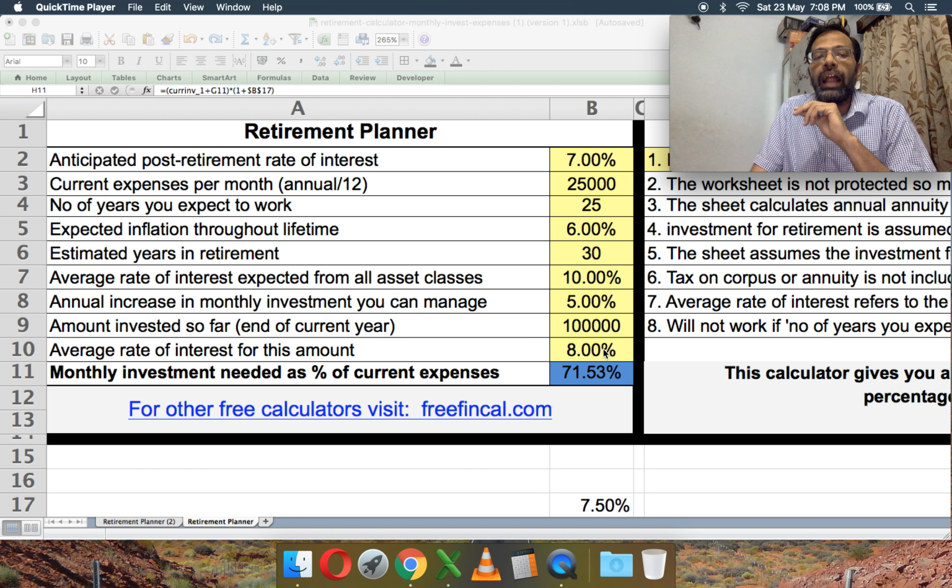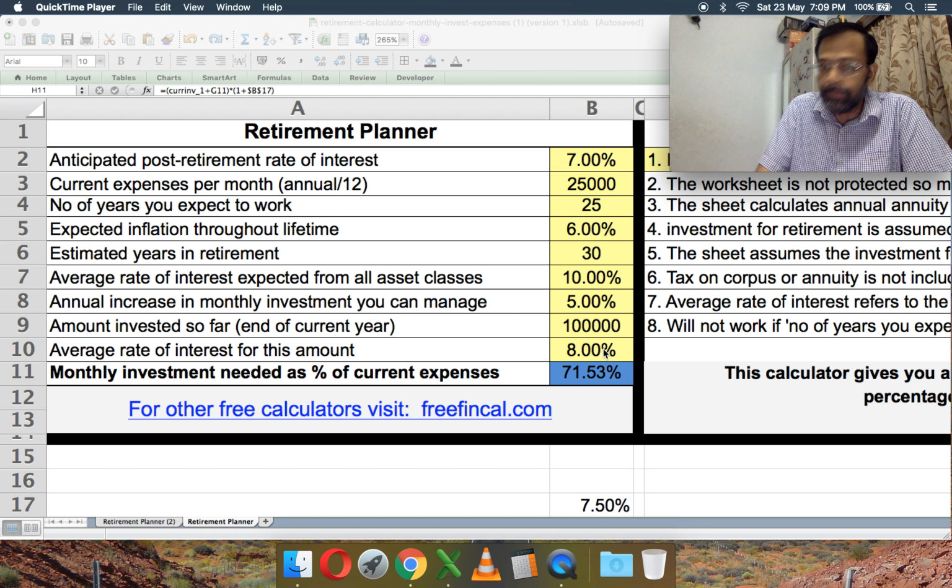He assumes an anticipated post-retirement rate of interest, that is the post-tax interest on the corpus after retirement, of 7%. The current essential expenses expected to persist in retirement in 2010 are a minimum of 25,000. He expects to work until age 55, so for the next 25 years he has time for investing, and inflation is 6%.